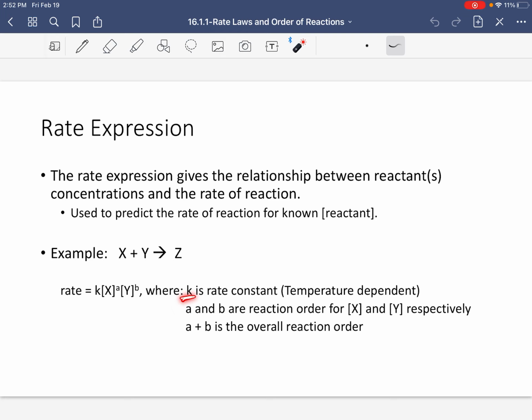So K is temperature dependent, because when temperature increases, K is not the same K anymore. It's going to be a different, higher value.